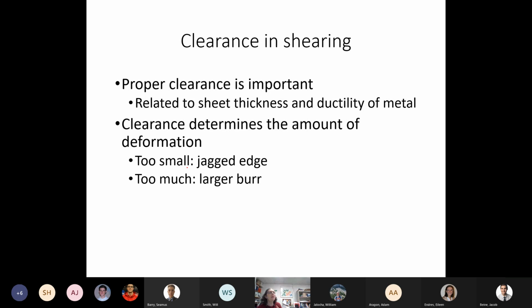One of the things that you might measure in a stamping or shearing operation is the burr height. If your burr height gets too large, or starts to increase, that may mean that your tooling has worn and your clearance has gotten too big. So again, this is just a variable that can be important.